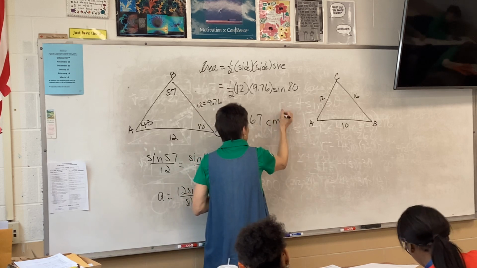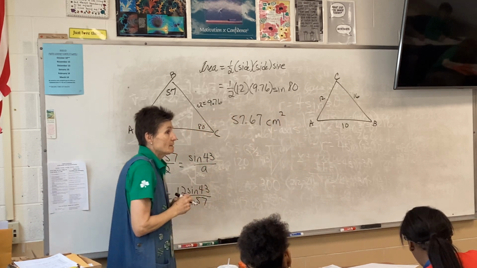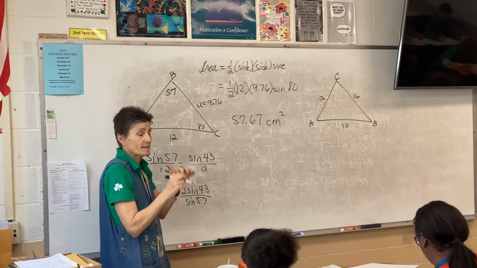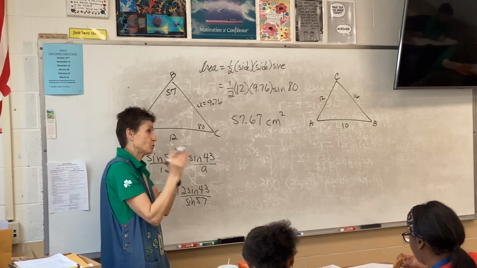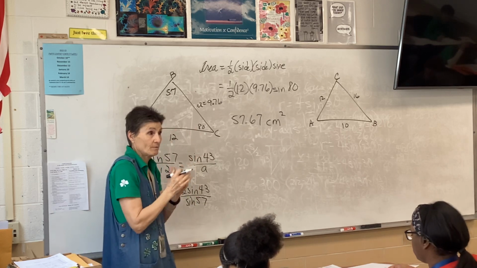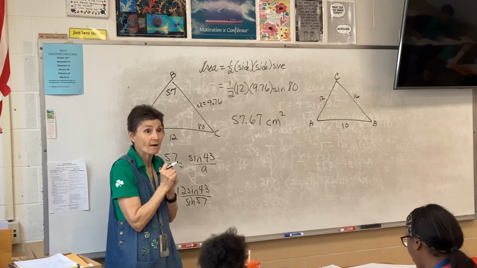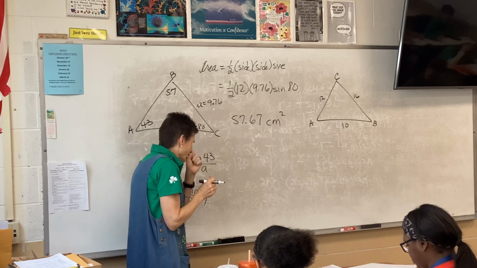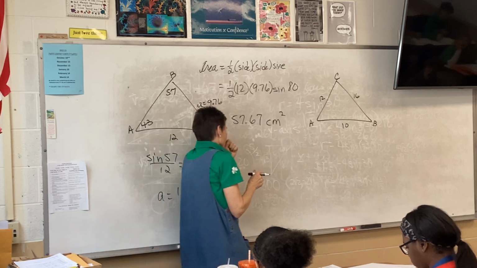So the area of this is going to be square centimeters. So 1/2 side, sine is a hugely valuable tool, but you've got to have two sides and the included angle. If you don't have that, then you'll have to find it. Okay? Next.